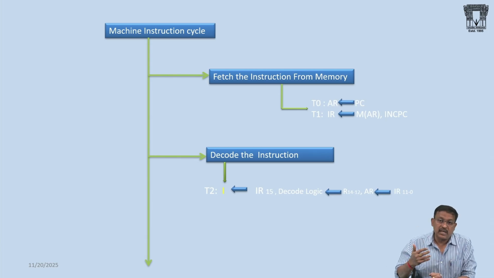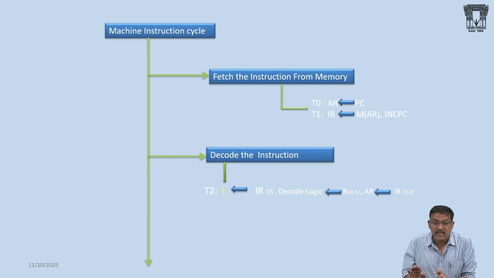In the next subsequent step, M of AR, that means memory is accessed with the address register. The address of the memory location is represented by IR 0 to 11 bits. So M of AR accesses the memory, gets the data, and loads it into the DR register.